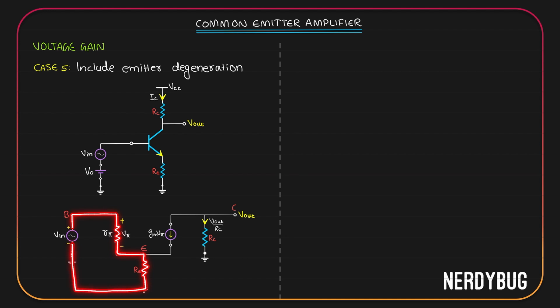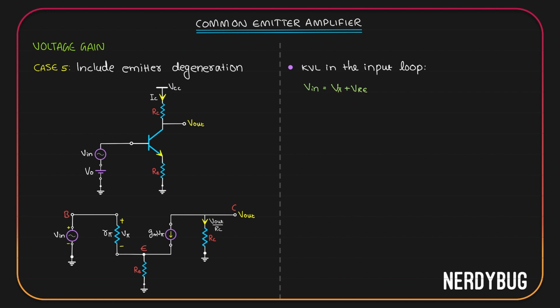So V input is not directly connected across R pi, it will be divided between R pi and RE. So V input is going to be potential across R pi plus potential across RE. Let us write it down. By applying Kirchhoff's voltage law in the input loop, you get V input is V pi plus VRE.